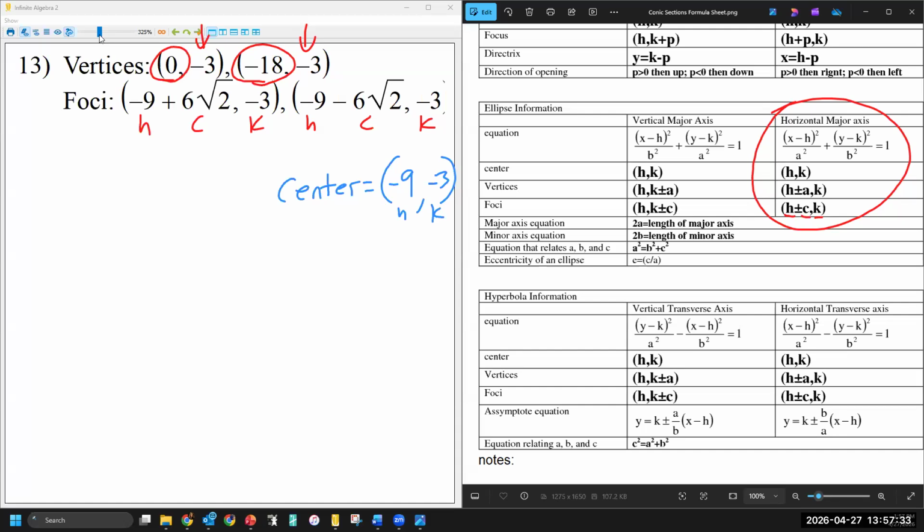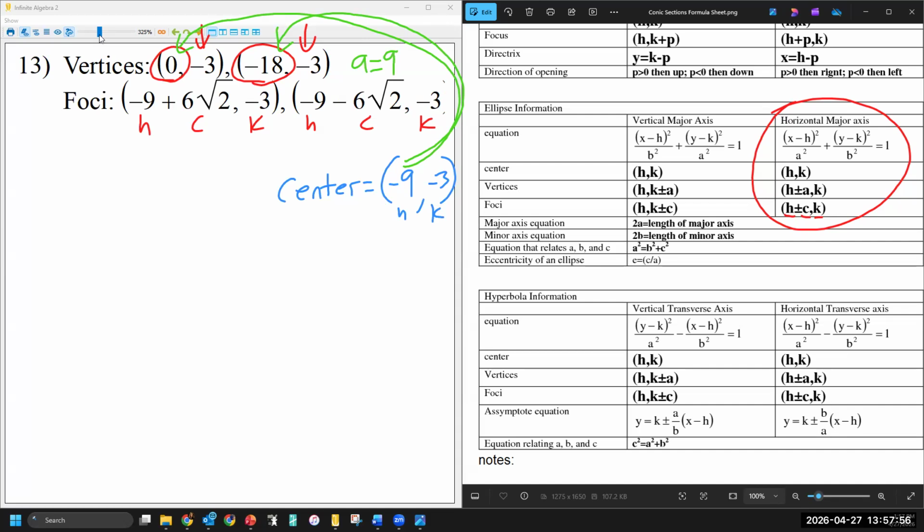So how far is it from the center to my vertices? If I go from that value to -18, or if I go from that value to 0, that's a. Well, from -9 to 0, or from -9 to -18, how far did you travel? Well, you traveled 9 units.